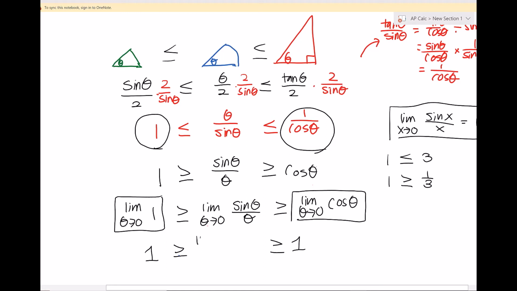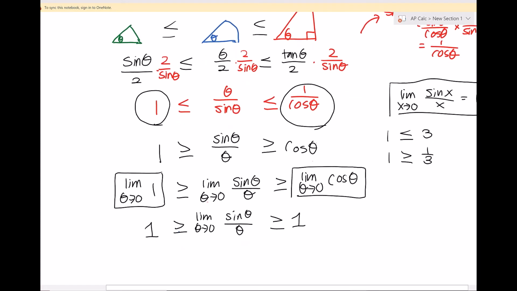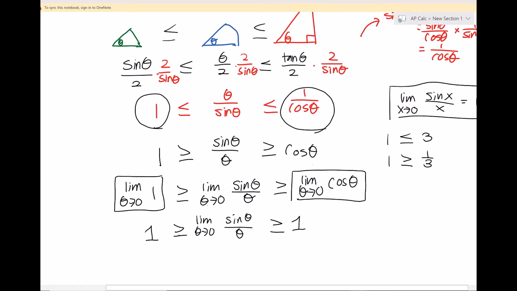And if I just leave my middle term as a limit, I think it's going to make it very clear. So now I can make the statement by squeeze theorem, the limit of sine theta over theta as theta approaches 0 is equal to 1.